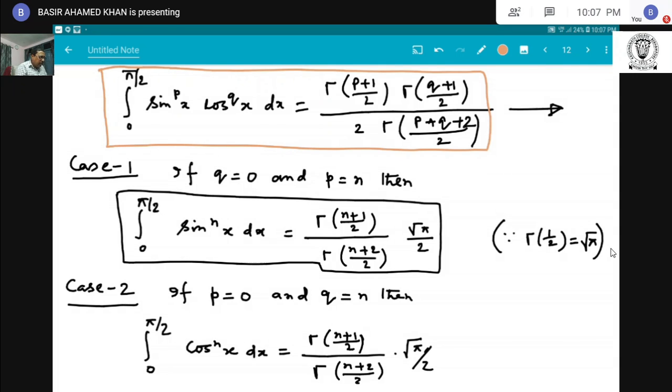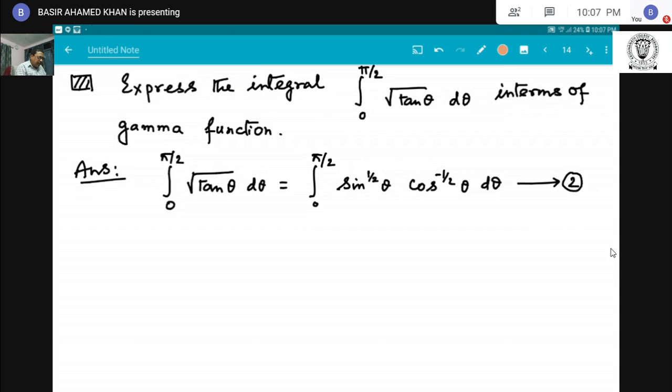If I put p equal to half and q equal to minus half, then I will get the value of this integral.